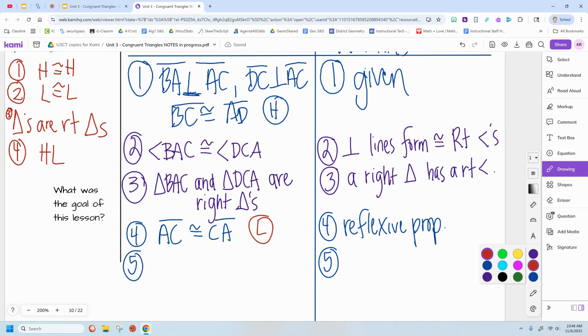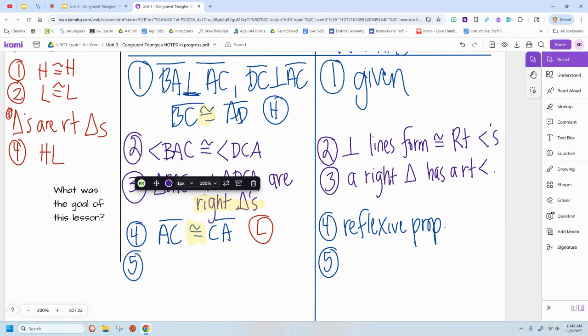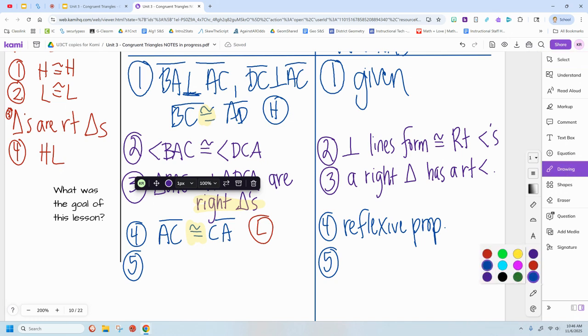All right, so this is why this proof is just a little bit different than the other type of congruency proofs, because it's one congruency statement, two congruency statements, and right triangles. Okay, so does that now connect to what we put in the side column? Okay, so now we can say our triangles are congruent.